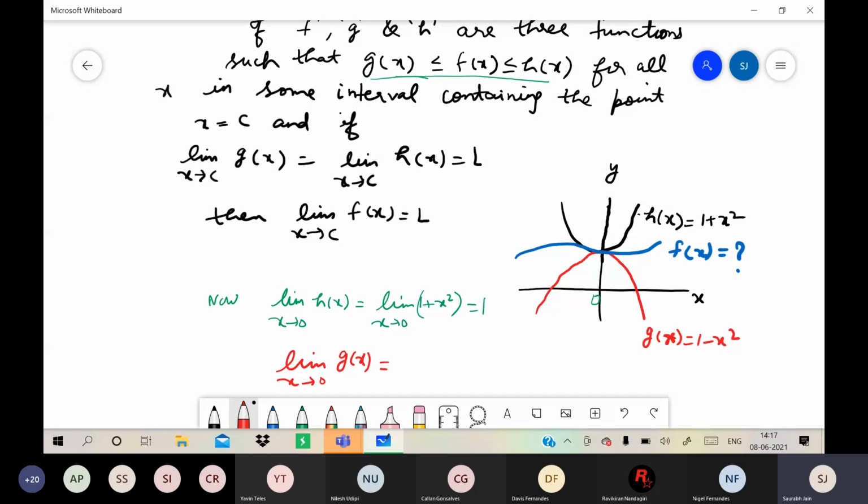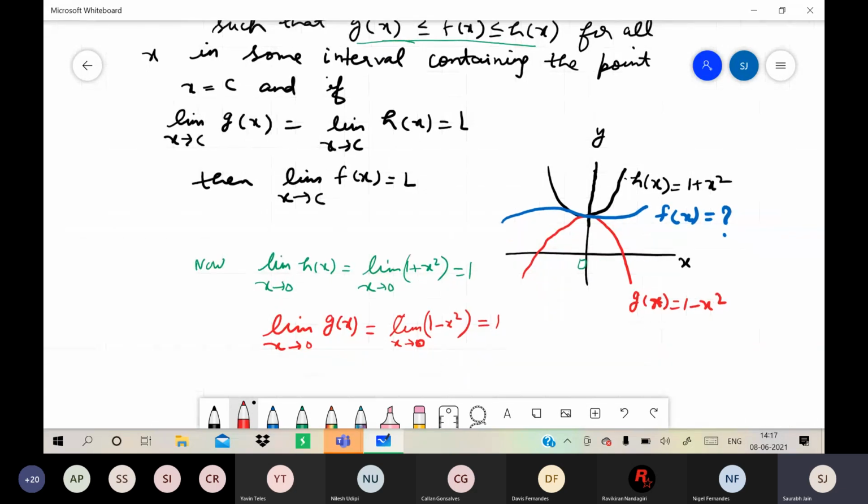Then I am calculating the limit of g(x), which is always below. This also comes out to be 1. Then by this result, though I don't know what this expression f(x) is, I can say that the limit of this also will be 1. This is the result of the sandwich theorem.